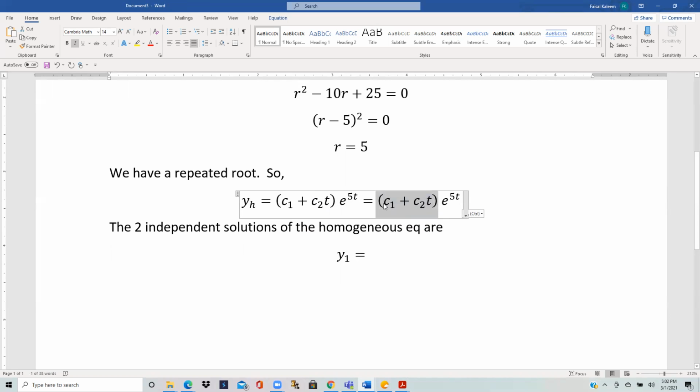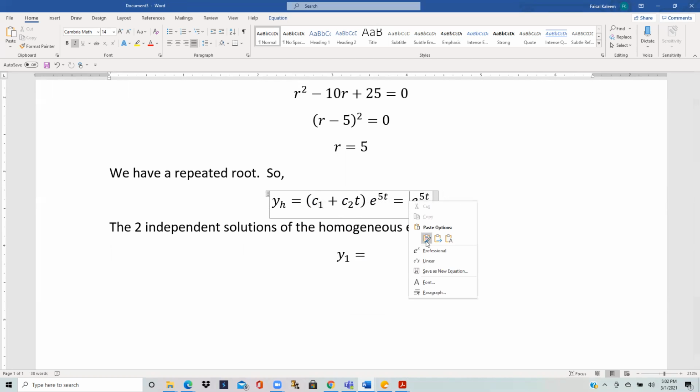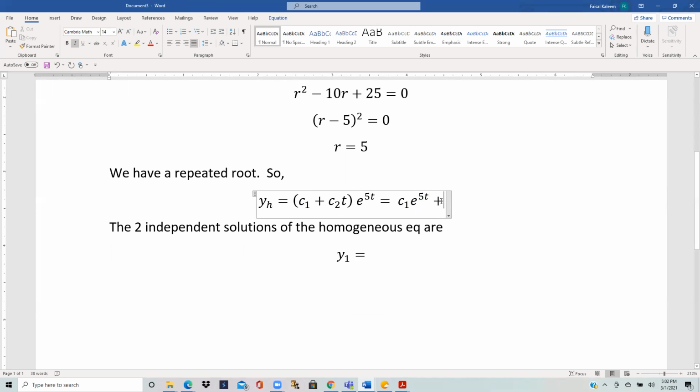So y1 will be whatever comes with c1, so y1 is e to the 5t.